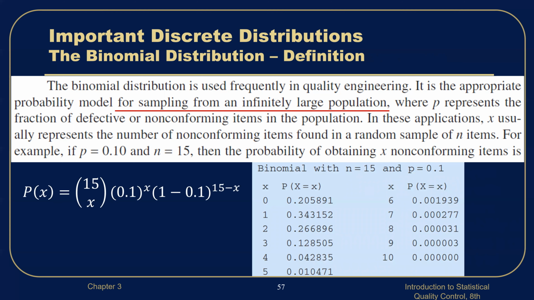So as we set x from 0 to 10, we can obtain the probability. Here we list all of them, the probability of x as we increase x from 0 to 10.